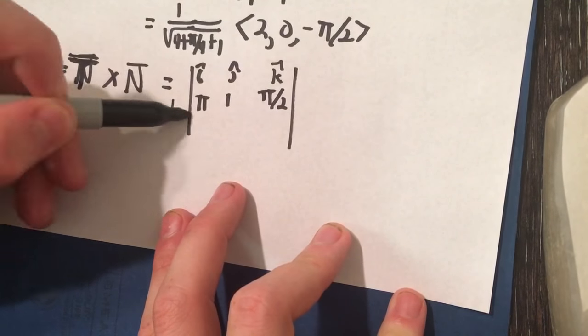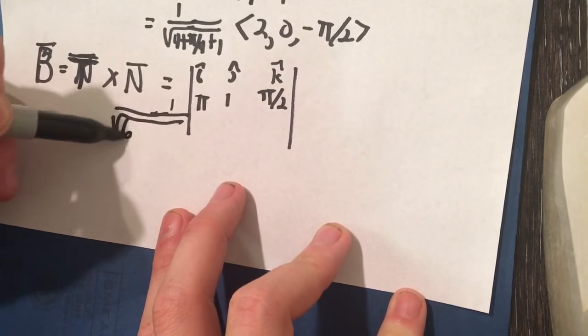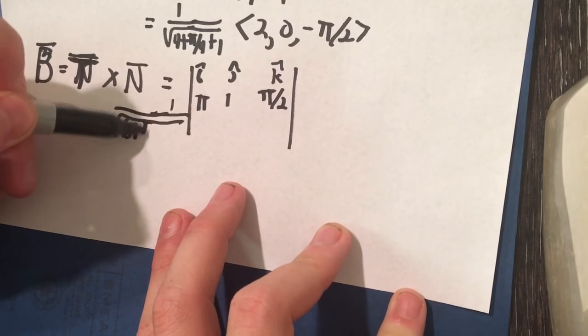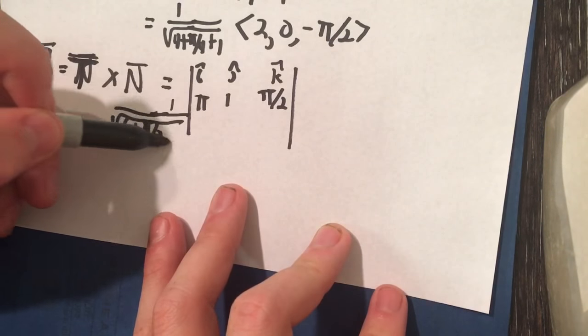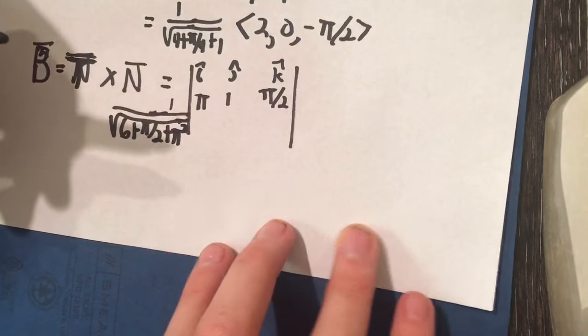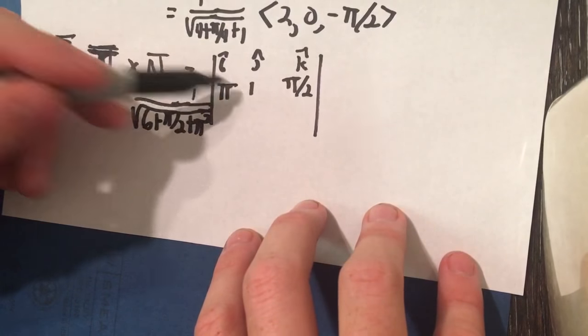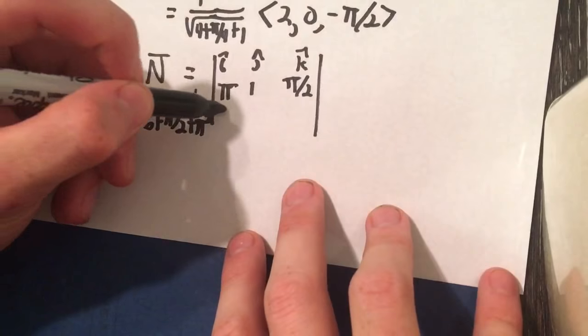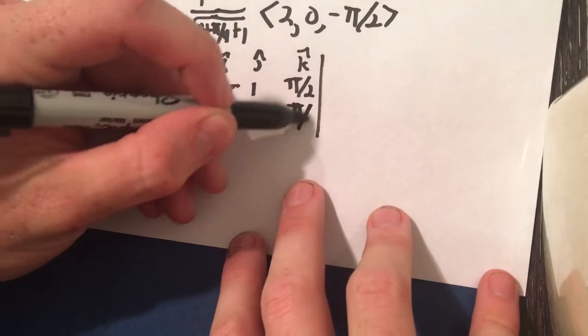I get 1 over the square root of 6 plus pi over 2 plus pi squared. All right. Now, this is the unit tangent vector. The unit normal vector would be 2, 0, negative pi over 2.